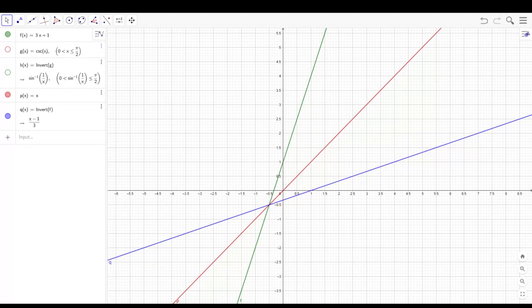They're generally reflected in the line y equals x. So that's a nice test to see whether or not your inverse function really is the inverse. Okay, so that's really helpful from a geometric point of view.